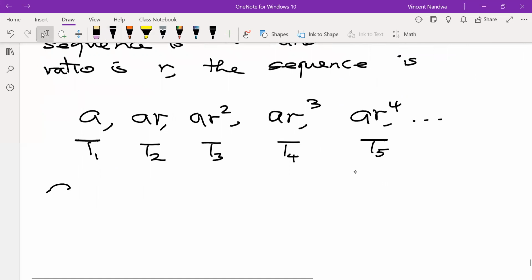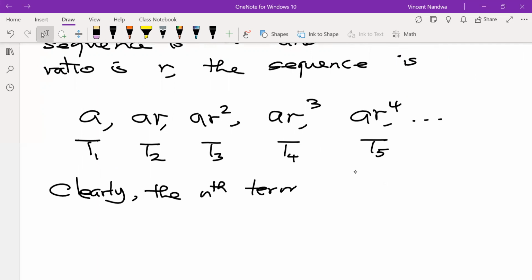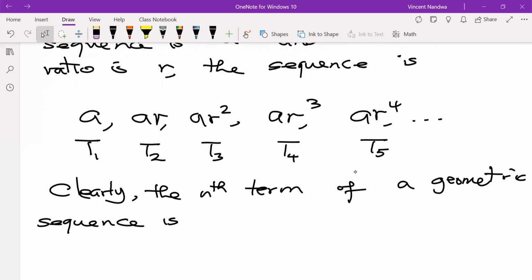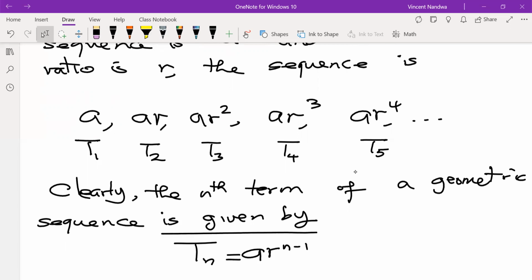And so clearly, the nth term of a geometric sequence is given by Tn equals A R power n minus 1.